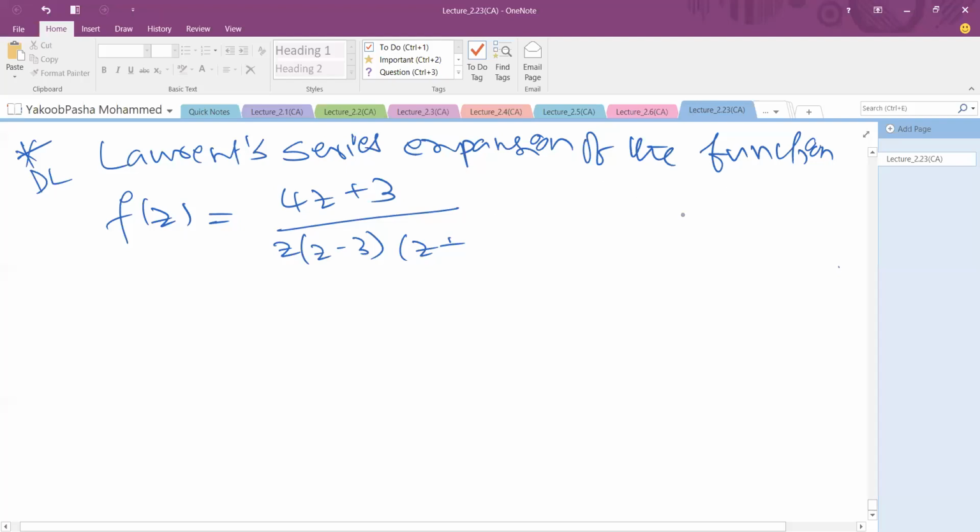Mod z equal to 1 means I have to convert the function in terms of z power. I'm not taking the options here.